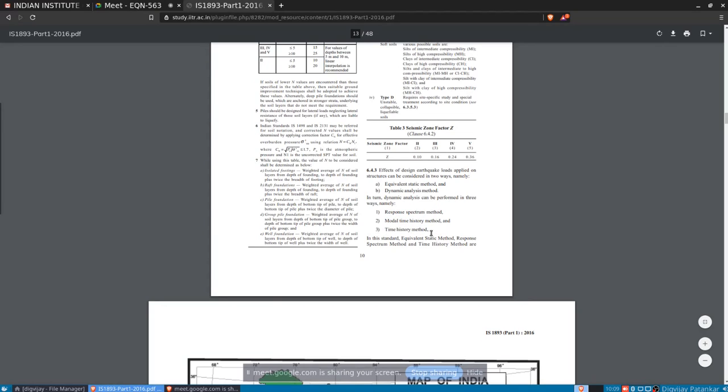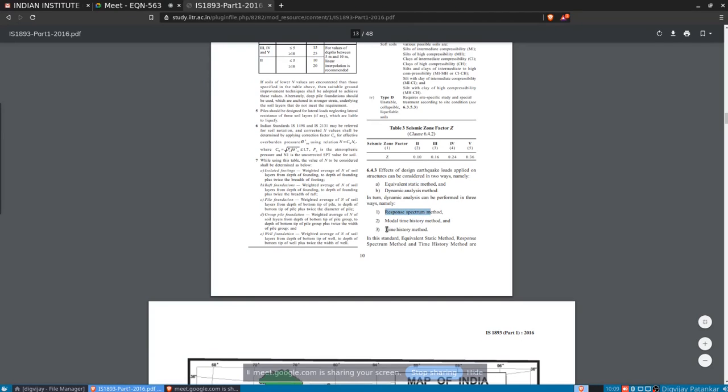However, in this particular code only the equivalent static method is discussed, and within dynamic analysis the response spectrum method and time history method are discussed. So today we will be looking at the equivalent static method and response spectrum method.